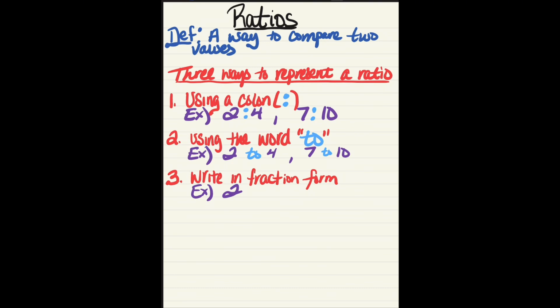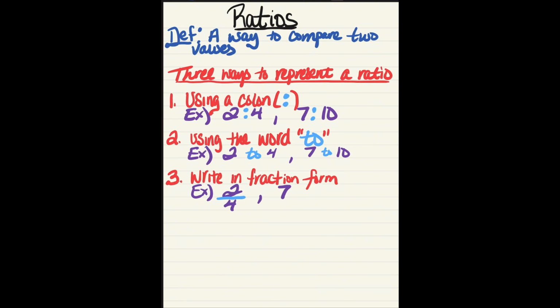And order does matter, okay? So 2, don't forget the fraction bar. So 2 over 4. Let's go for the second example. So we got 7. Since 7 comes first, it's going to be on top.